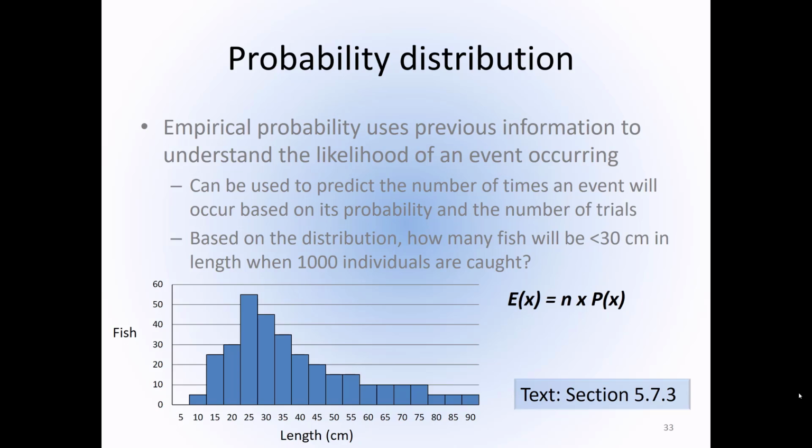So in order to determine how many individuals will be in a particular size, or just how many different events will occur based on a probability distribution, we simply take the number of samples, or the number of observations that are occurring, and we multiply that by the probability that a particular event is going to occur, and this will give us the expected number of times that particular event will occur.